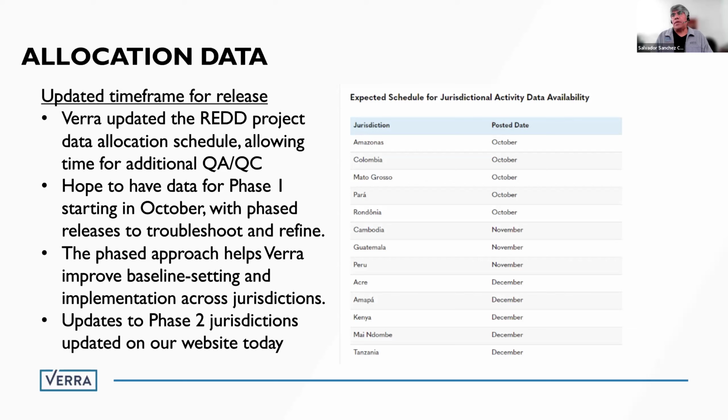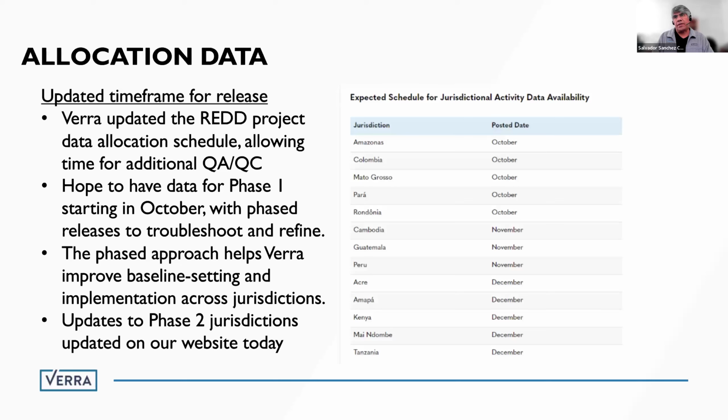The first set of jurisdictions will hopefully be ready in October for allocating to projects, and then we have designed a staggered scheme for releasing the data for other jurisdictions in order, again, to make sure that any quality or technical issues we might find in these data sets are properly addressed prior to allocating them to baselines.